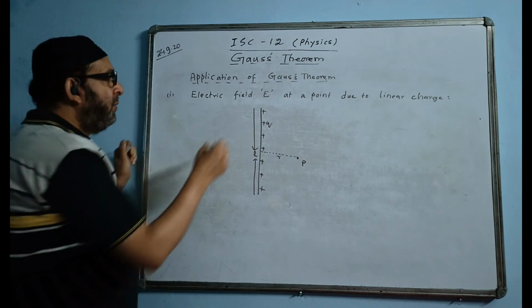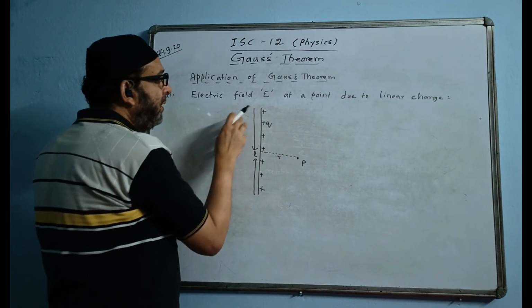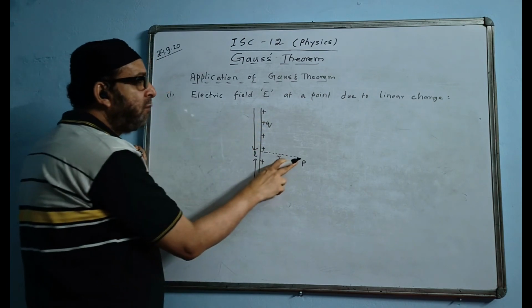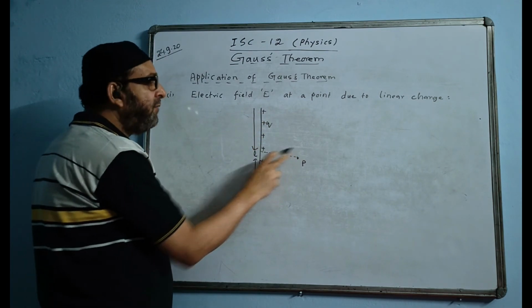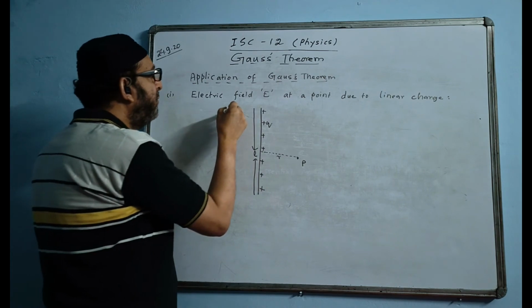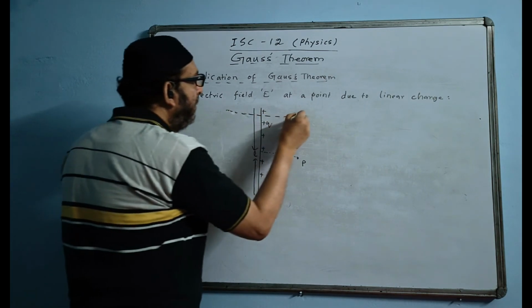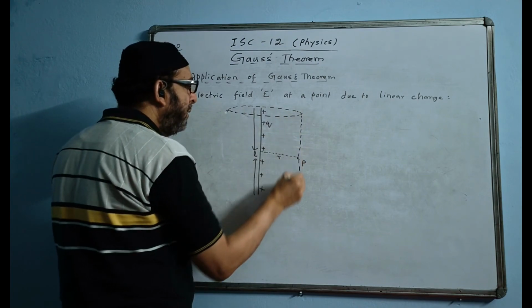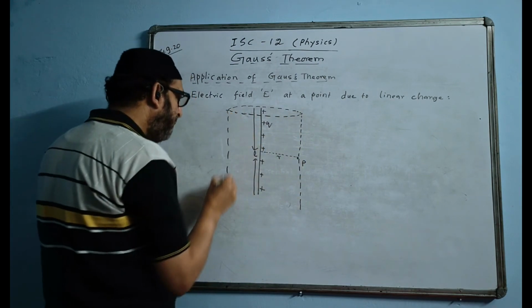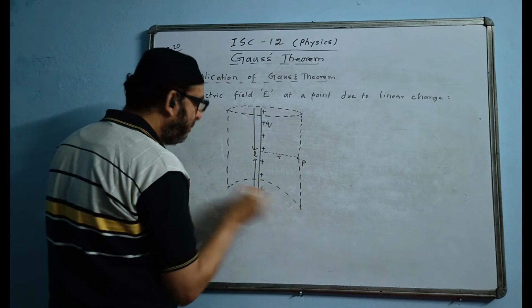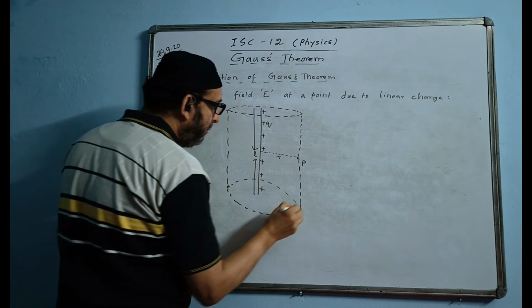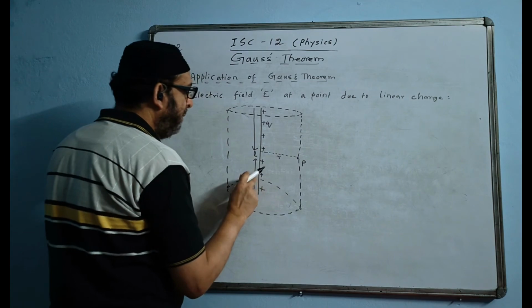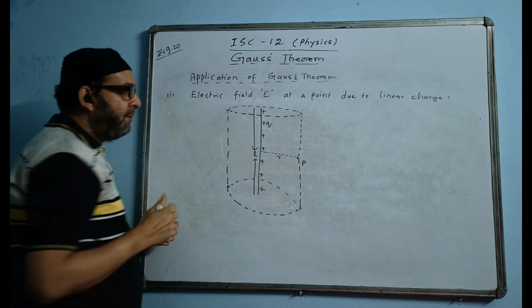For that, as I told you, the Gaussian surface passes through the point where we have to calculate the electric field. So we will draw the Gaussian surface symmetrical, that means a cylinder like this. Dotted line we are making because we are assuming the Gaussian surface this way.